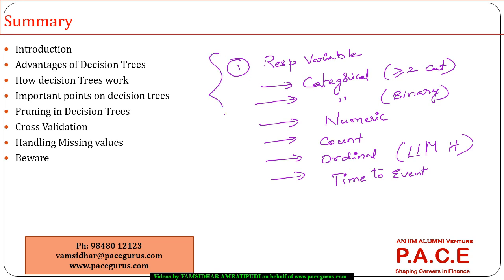All these are different sessions that I am going to look at using different functions and packages in R. We'll take different data sets for each of these purposes, which can help us understand the model more and more effectively.